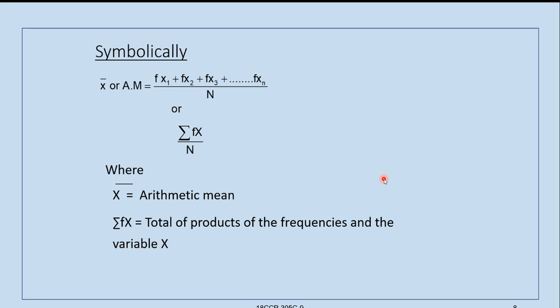Or simply, we can put the formula as x bar equals sigma fx by n, where x bar is the arithmetic mean, and sigma fx is equal to the total of products of the frequencies and the variable x.